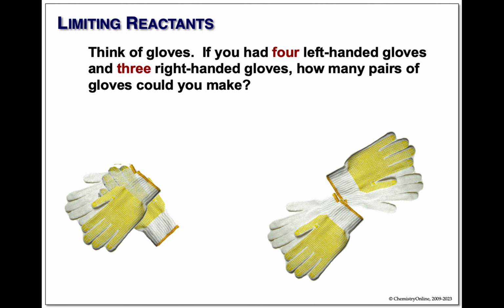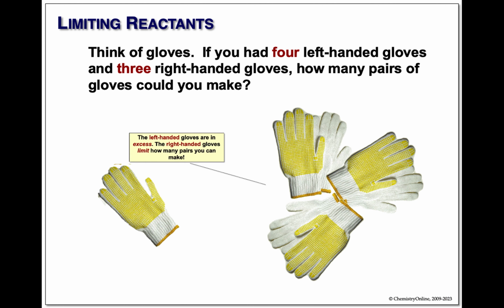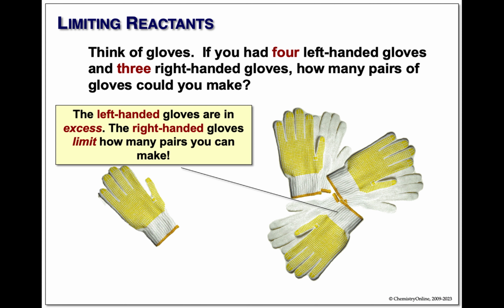Kid number 3, it's a pair. Kid number 4 gets 1. That's because we have more left-handeds than we do rights. So the right-handed limit how many pairs you have. Poor 4th child, right? If you have 4 kids, you understand that one. All hand-me-downs and leftovers. Okay.